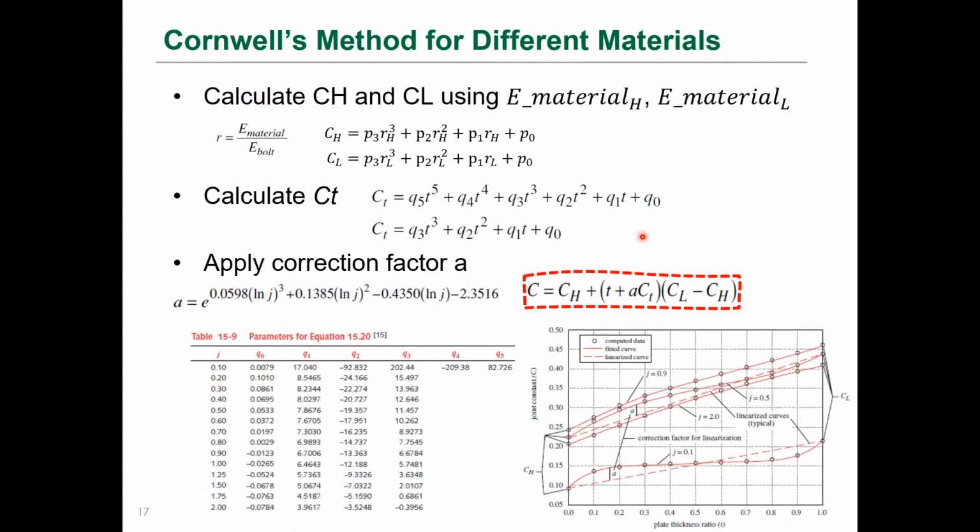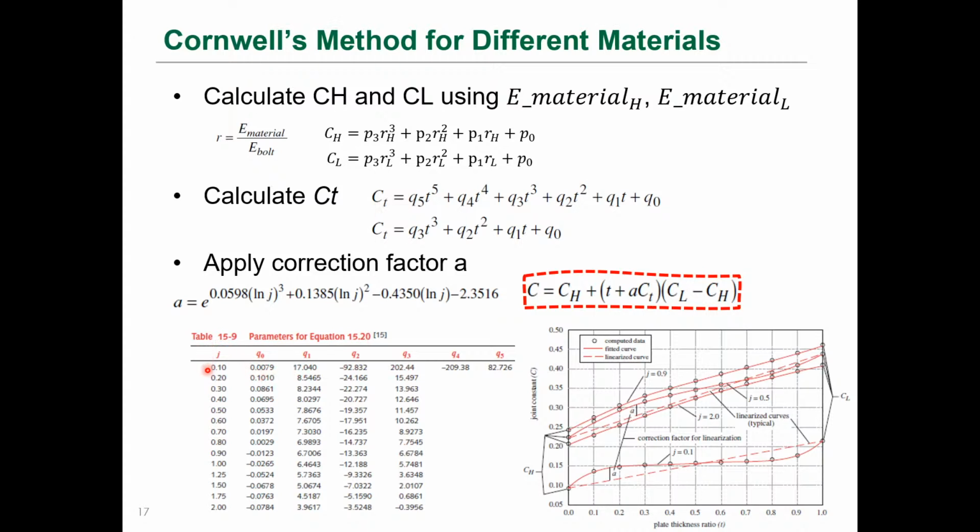So what happens when you have two different materials that are clamped together? Well, you have to calculate a CH for the higher modulus of elasticity material and a CL for the lower modulus of elasticity material. And then you have to calculate this CT factor here based upon another table, okay?